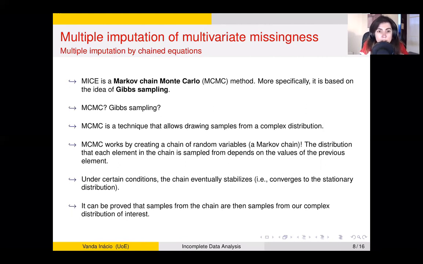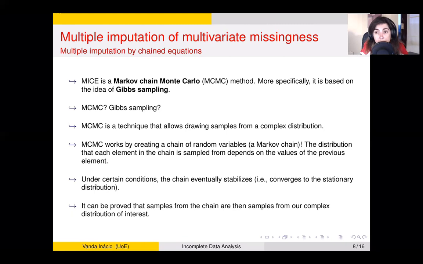It's used in Bayesian statistics, but it has a broader scope. And MCMC works by creating a chain of random variables, a Markov chain, and the distribution that each element in the chain is sampled from depends on the values of the previous element.